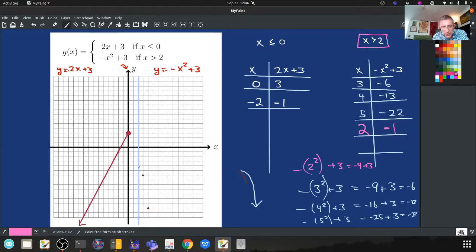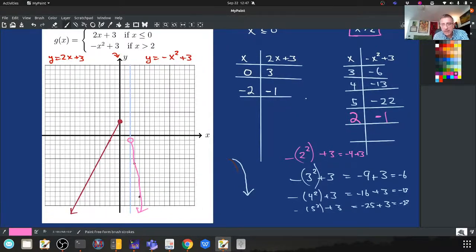So 2 and minus 1. My x value is 2 right there. I'm going to put a circle right there, and then I'm going to try to draw. It's really terrible because I'm freehanding, but the point is it's going to be an inverted parabola.